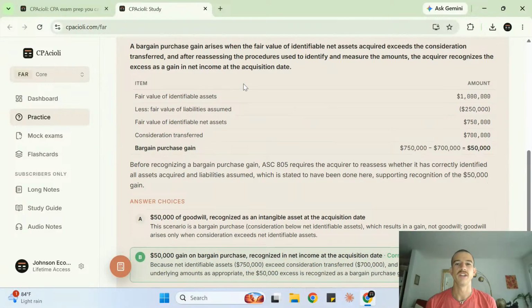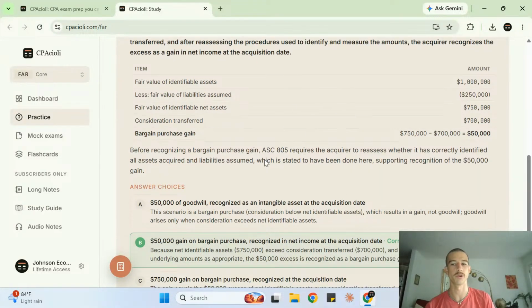Arises when the fair value of identifiable net assets acquired exceeds the consideration transferred, and after reassessing the procedures used to identify and measure the amounts, the acquirer recognizes the excess as a gain in net income at the acquisition date. Because what they paid was less than the fair value, therefore they recognize the bargain purchase gain.